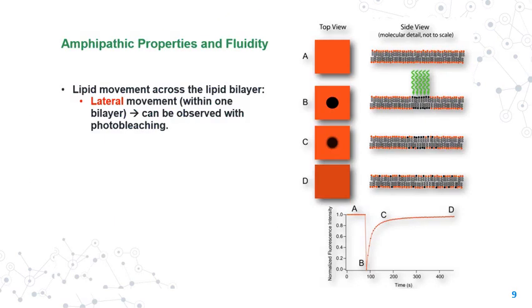So here is an experiment that shows you what this fluidity means. Basically, you have a cell, and you get this little patch on this cell, right here, that you are going to observe, with lipids labeled with some form of fluorophore.